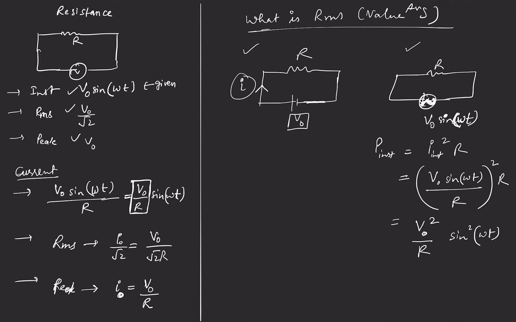This is the instantaneous power. For average power, I use these angular brackets to denote average. We have to calculate the average value of this function, V0 squared by R sin squared omega t. V0 squared by R is a constant value, so we basically have to calculate the average of the function sin squared omega t.